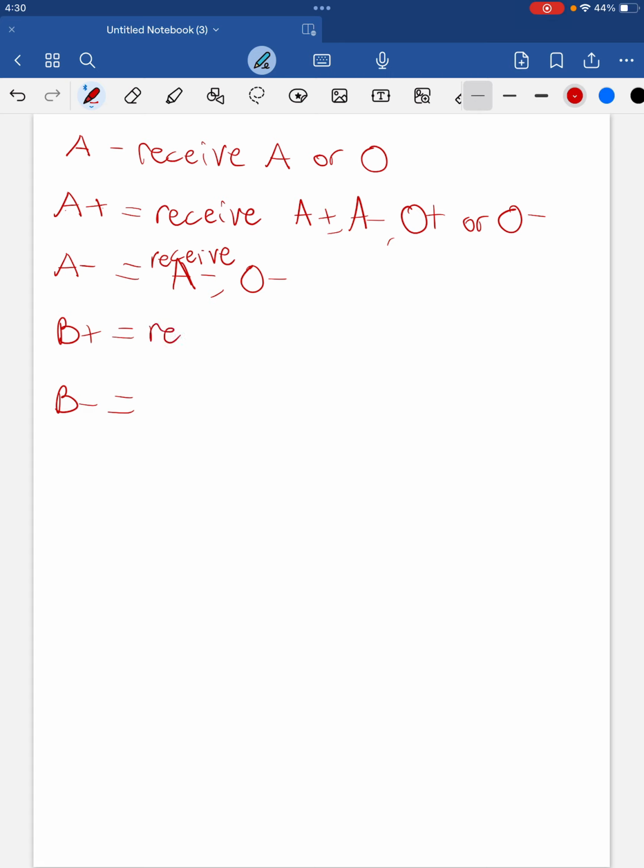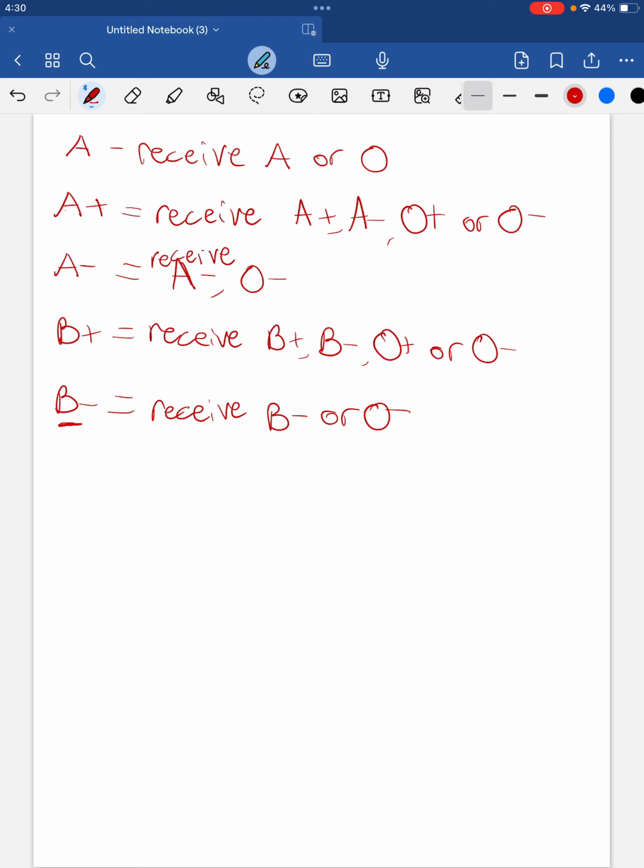So you could receive B positive, B negative, O positive, or O negative. If you're B negative, same thing, but with B. You only have B antigens, you don't have Rh or A antigens, so you would potentially make antibodies against A or Rh. So you can receive B negative or O negative.